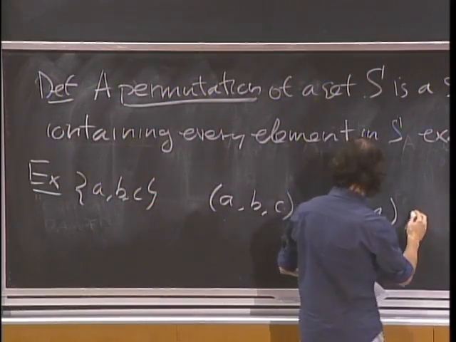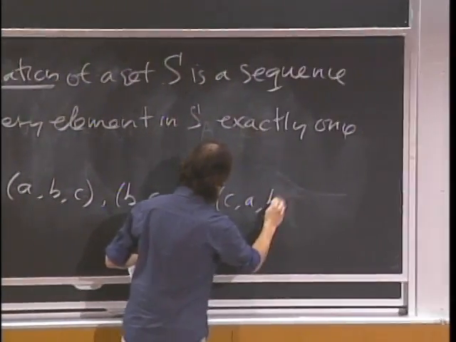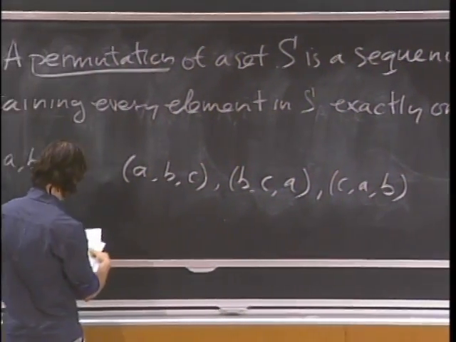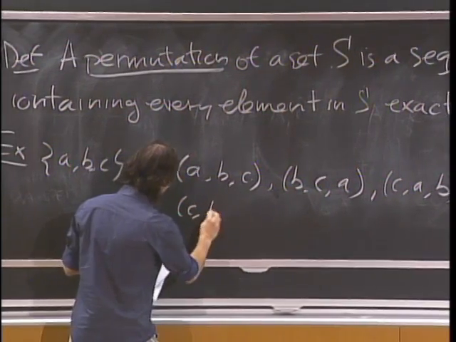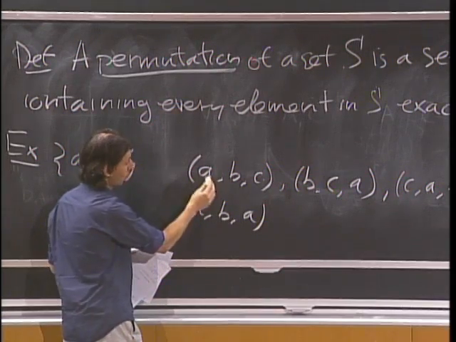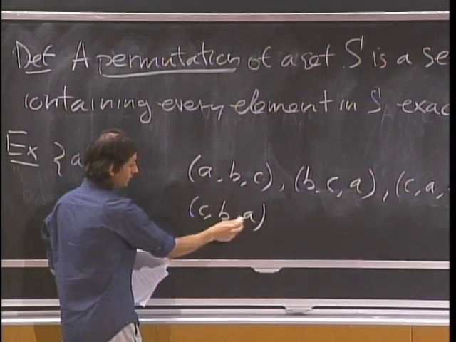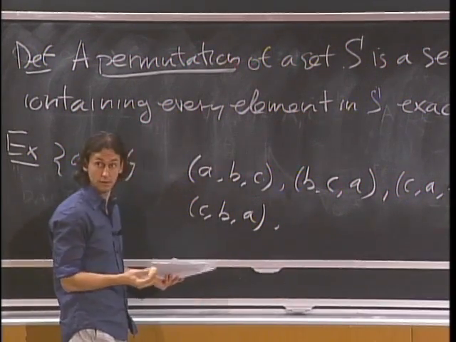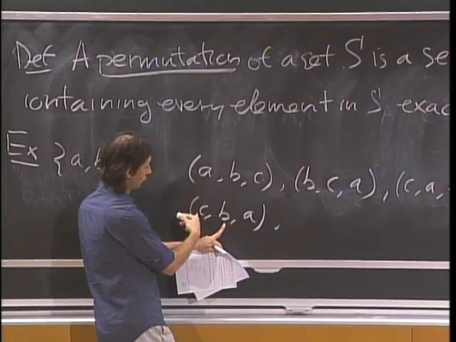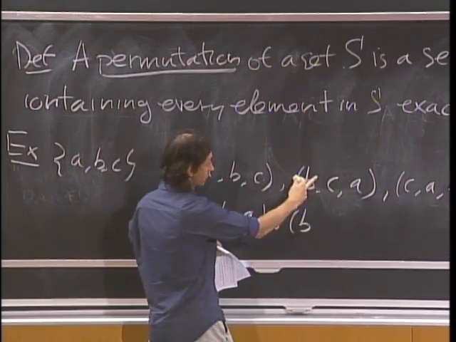I can, for example, start with C, and then A, and then B. And it turns out that we can do a few more. We can also start with C, and then B, and then A. We sort of reversed the order that we had over here into its opposite. So first C, then B, then A. And we can look at their cycle, their shifts. We start with B, A, and then we rotate through to C, which is what we did over here when we went from this permutation to this one.